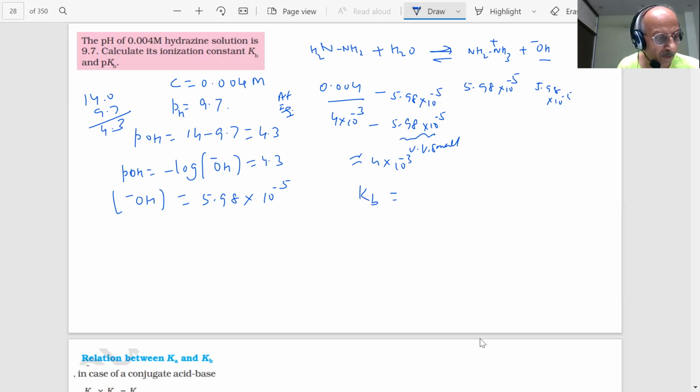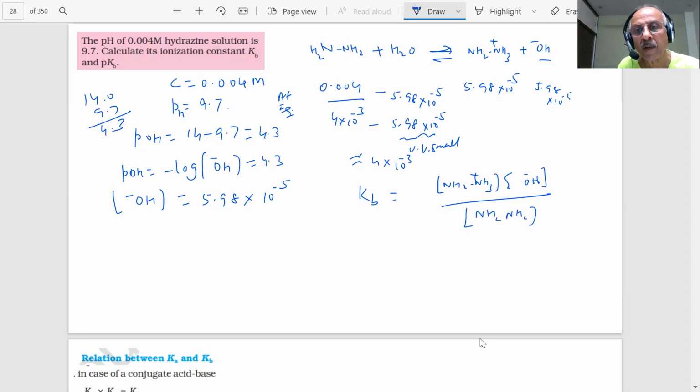Kb will be 5.98 into 10 raised to power minus 5 whole square upon 4 into 10 minus 3. What is the value coming? It is coming as 8.96 into 10 raised to power minus 7.